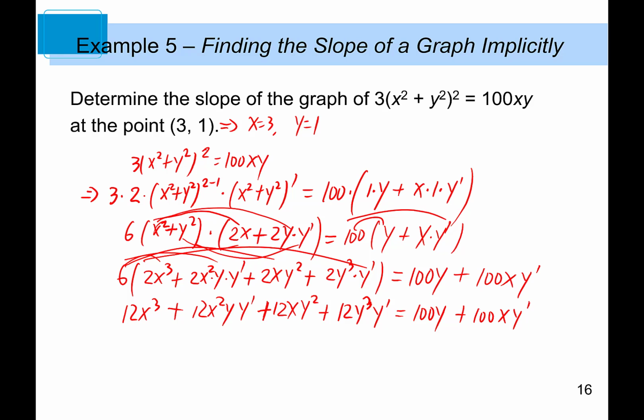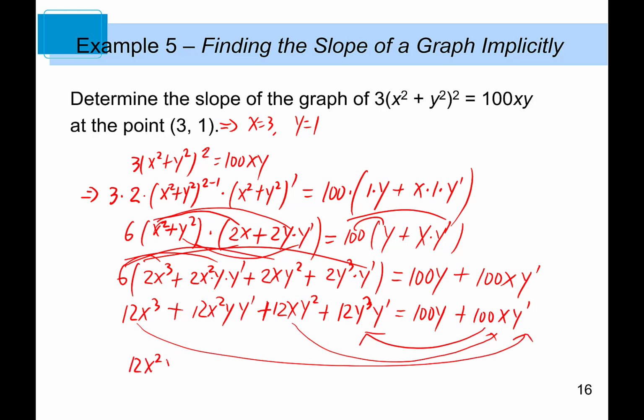So now we have to isolate all the y prime terms, right? We're going to move this to one side, move this to the other side. So after you move it, you get 12x squared y prime plus 12y cubed y prime minus 100xy prime equals 100y minus 12x cubed minus 12xy squared.